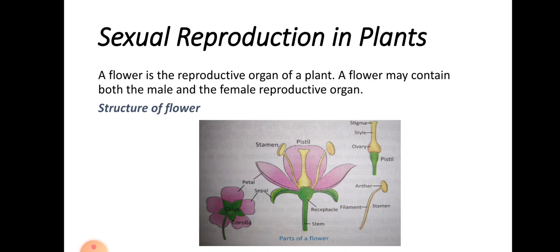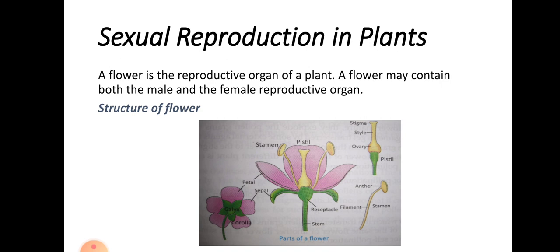Calyx contains sepals that are green in color. What is the function of calyx? The calyx protects the flower during the bud stage.